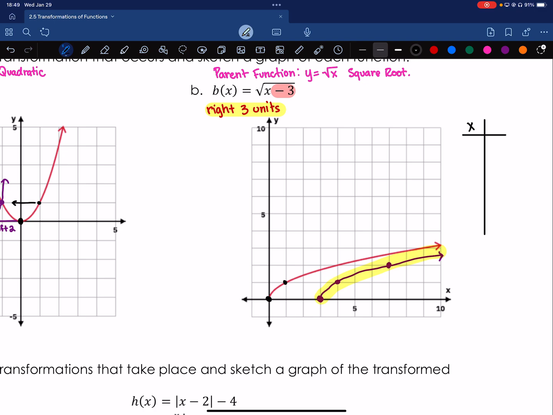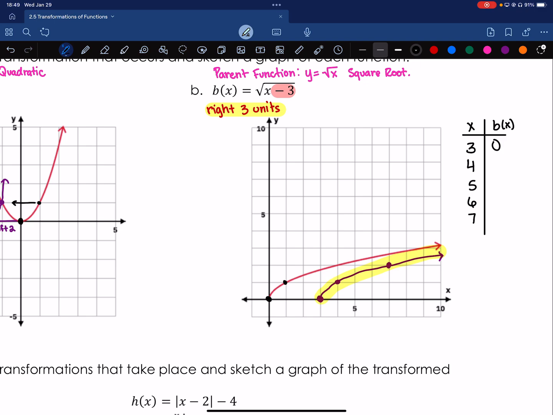So if I were plugging in some values here, that's b of x, I would start with 3 and I would do 4, 5, 6, 7 in hopes that at some point I'm going to get some pretty numbers. When I plug in 3, we should get 0 because that's that point. Okay, so that would be cool.